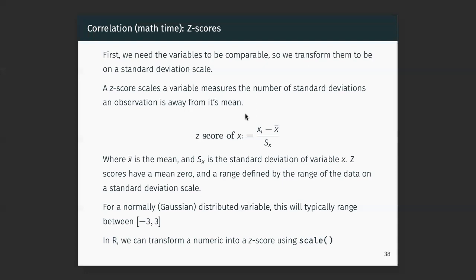Here it follows a normal probability distribution. I can define lots of different kinds of probability distributions, but here I'm going to use a normal. I'm going to say it follows that distribution where the mean is equal to 750 and sigma, our shorthand for the population parameter for the standard deviation, is equal to, let's say, 50.